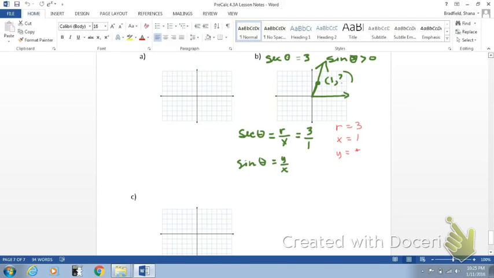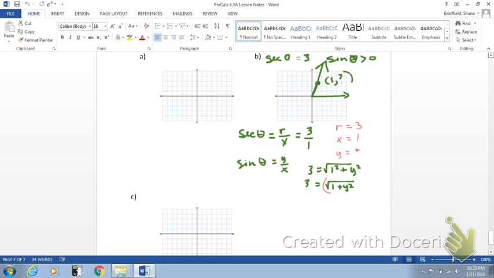Well, I do have r, so I can use our formula for r to solve for y. R is the square root of x squared plus y squared. So 1 squared plus y squared. I do already know what the r is, so we'll replace r with the 3. And simplify, so 3 equals the square root of 1 plus y squared.